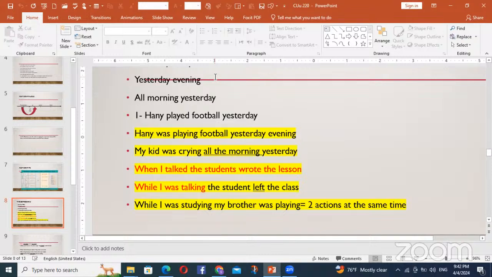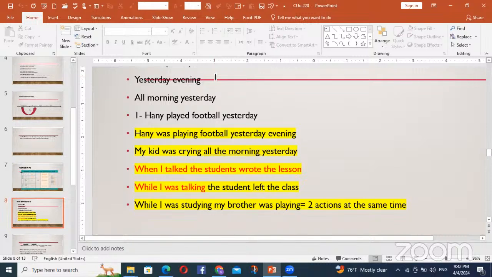But when I specify a certain period in yesterday, I'm going to say Ahmed was playing tennis all morning yesterday. Again, Ahmed was playing tennis all morning yesterday. Okay? It means not all the 24 hours of yesterday, but the period of the morning only. So I use it with the past continuous.